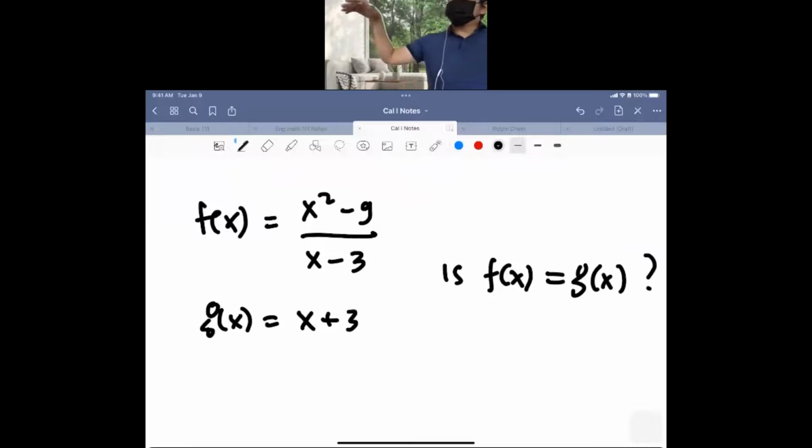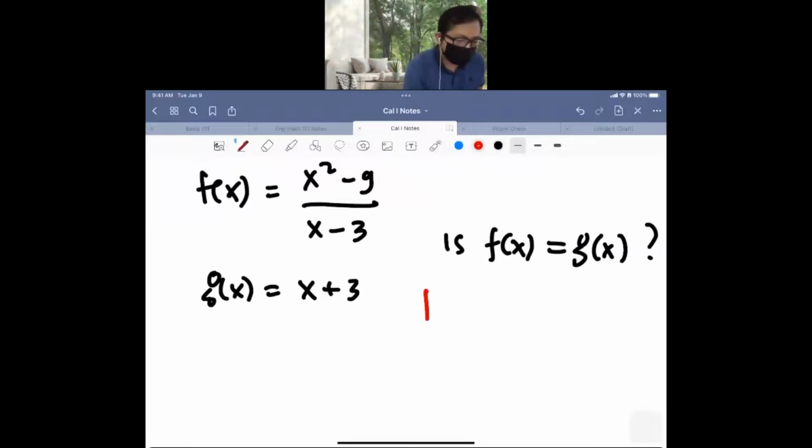Is function f equal to function g? Who agrees that it's equal? Okay. If this is only an equation, not really a function, that's true, it's equal. But we are talking about function. What's important in a function? Domain. So remember, the domain is important.